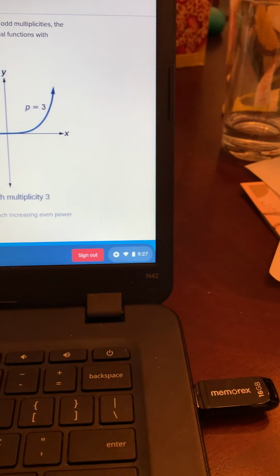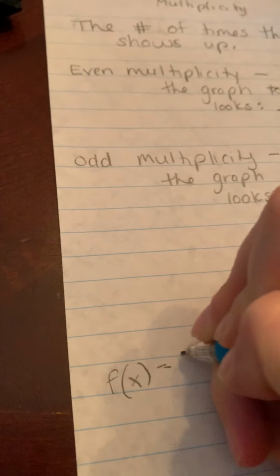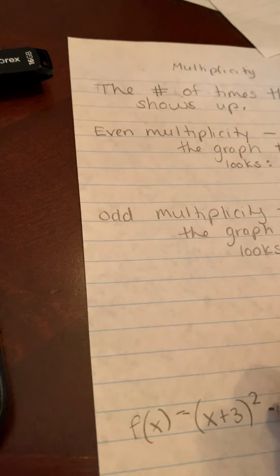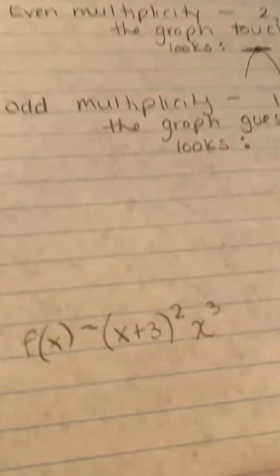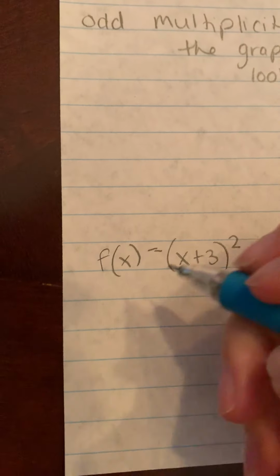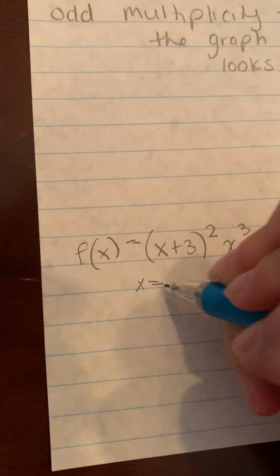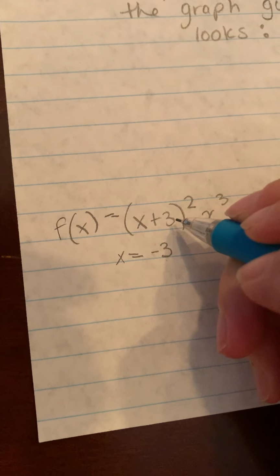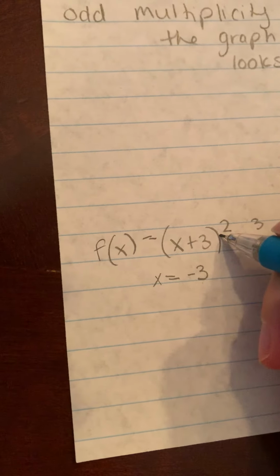Okay, so let's look at an example together. If I gave you the example of f of x equals (x plus 3) squared times x to the third. This is in factored form already. What this is telling us is that one of our roots is going to be -3. Now, what's the multiplicity? It's showing up twice.